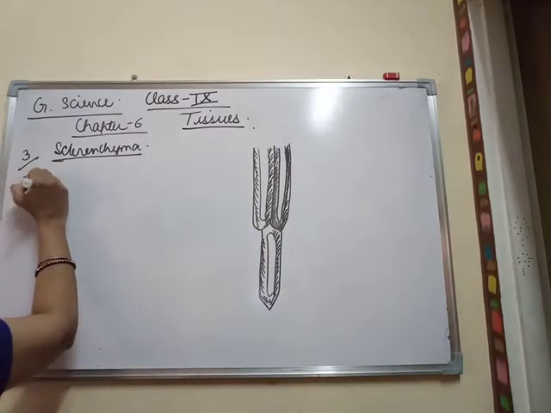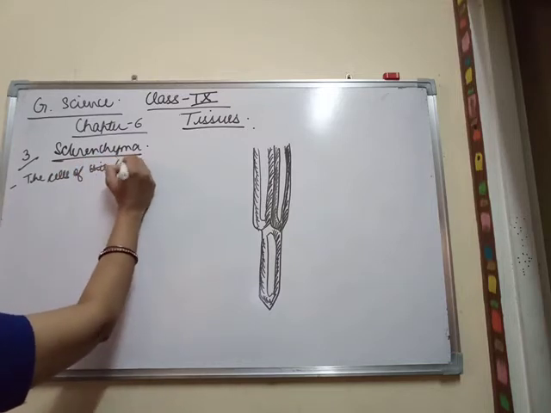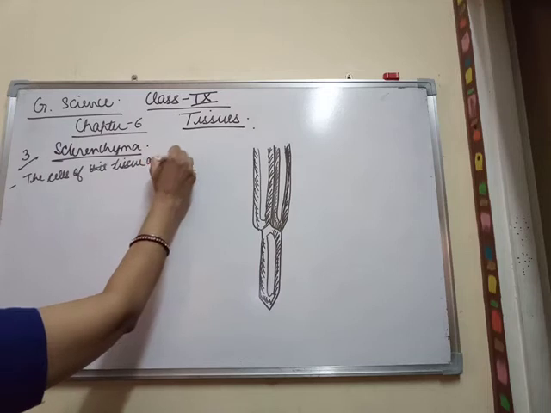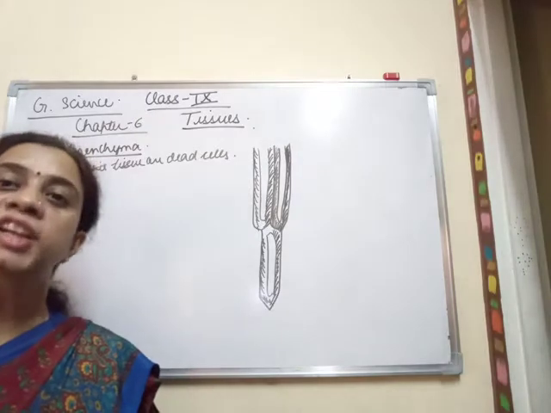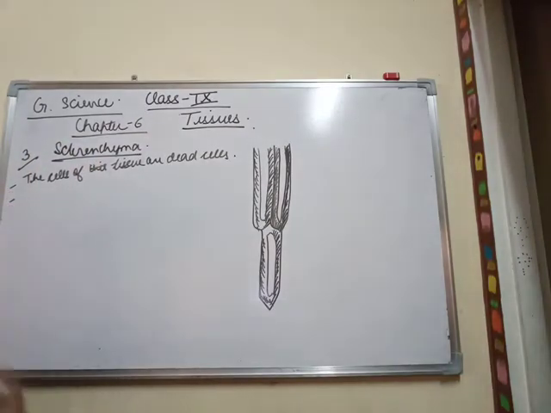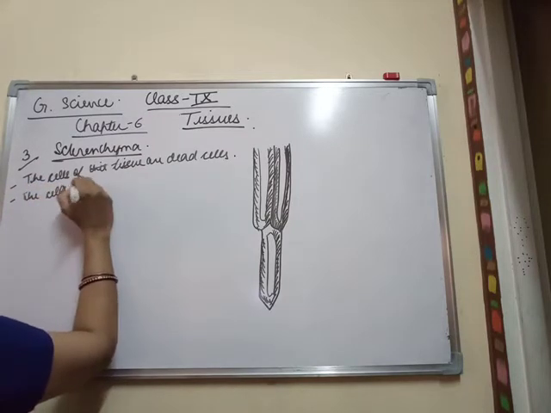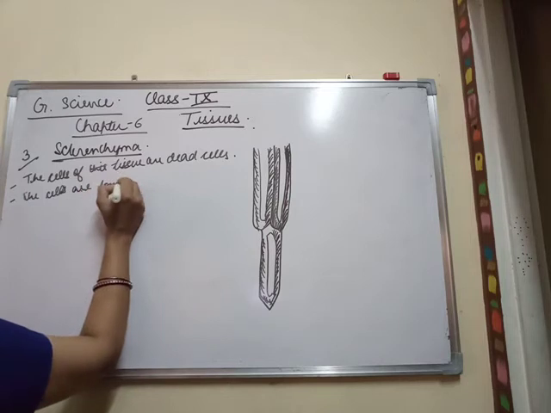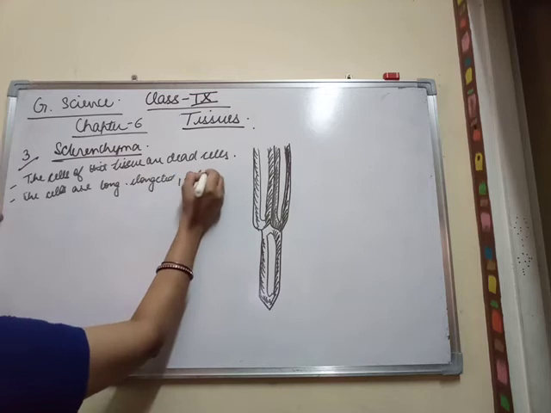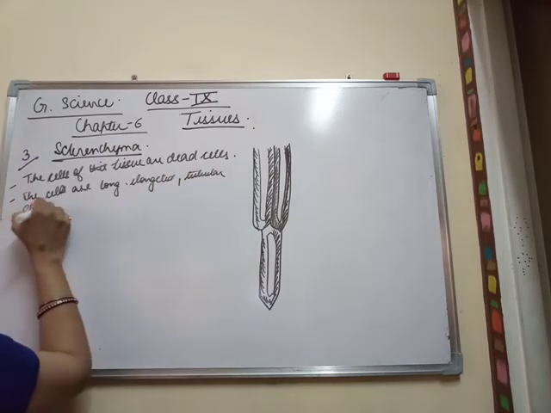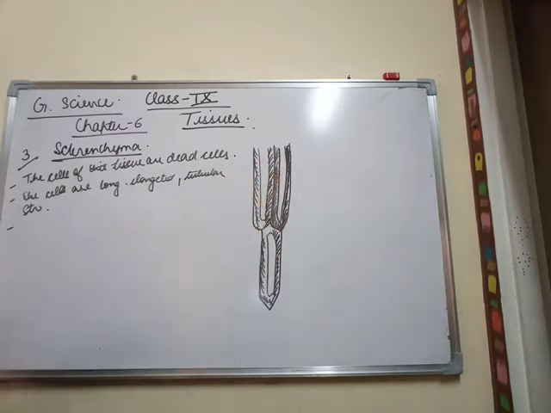Now talking about this, the cells of this tissue are dead cells, and hence this type of tissue is often referred to as the dead tissue. Then the cells are long, elongated, tubular structures. You can very well see that the cells are long, elongated, tubular structures.